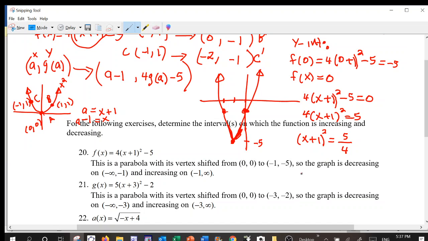So let's have some room here. So x plus 1 has to be plus or minus the square root of 5 over 2. I have to take a square root of what? Both sides. So x is going to be either positive square root of 5 over 2 minus 1, or, no, not plus 1.